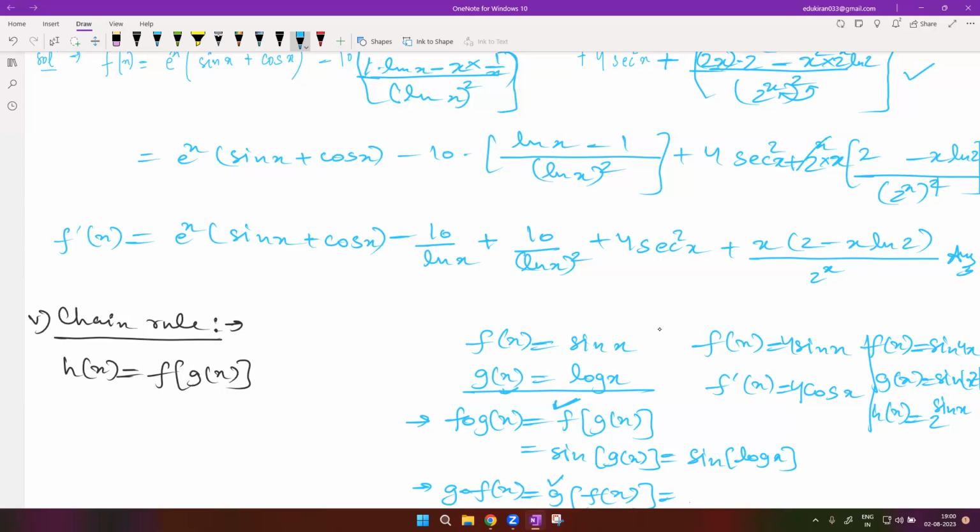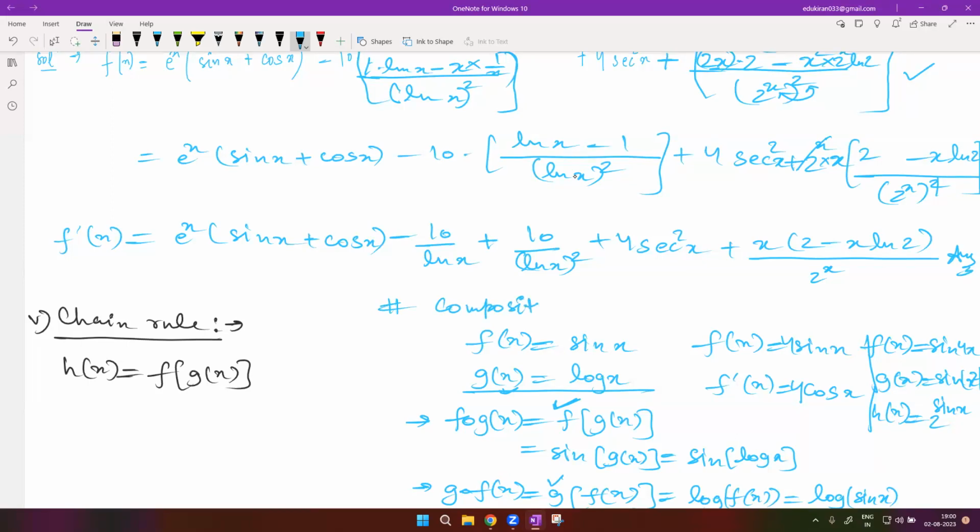So we can write it as log of, so g(x) was log x. If I want to write g of f(x), that will be log of f(x), right? And now I can put the value of f(x). f(x) is basically sin x. So the function is log sin x. This is what we call composition of functions.